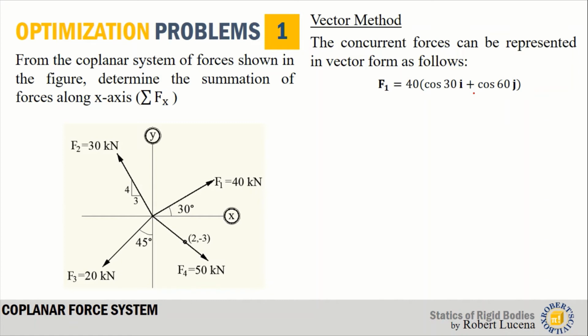However, I will also try, as much as I can, to teach you how it is determined. Okay, so F1 is represented by 40 cosine 30 i plus 40 cosine 60 j.